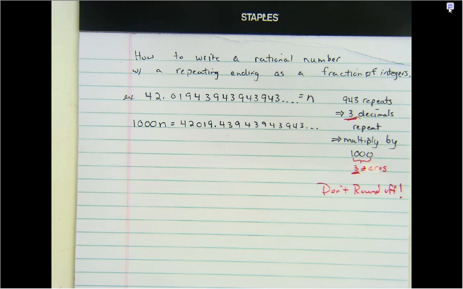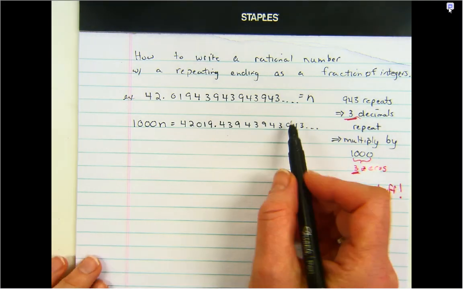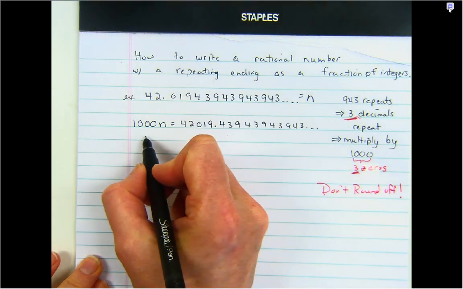So we multiply by 1,000 because we had 3 decimal places that were repeating, and now we put n underneath that and subtract. So my n was my original number.